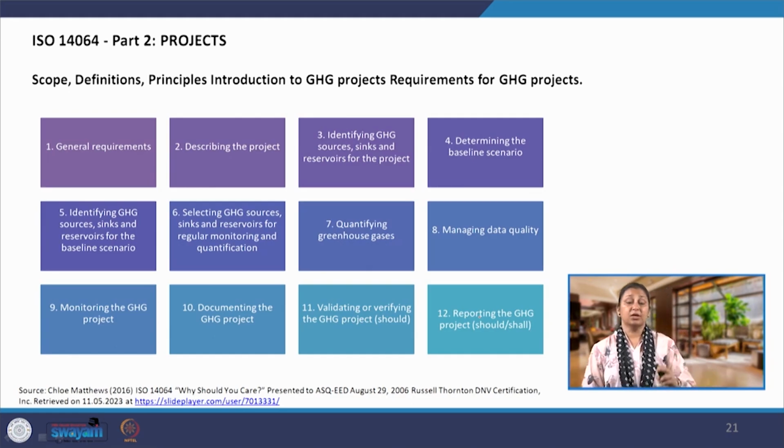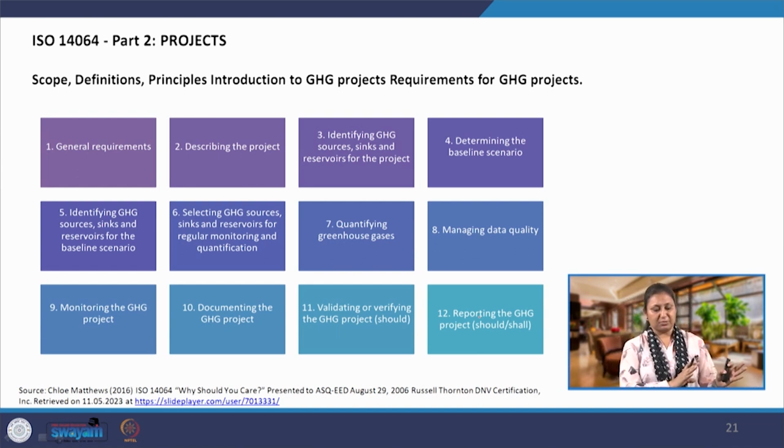In part 2, we are actually talking about the projects. So, inventory, and then we are talking about the projects here. This particular standard, 14064 part 2, deals with what all goes into these projects. So, we start with general requirements and describing the projects. We start with identifying GHG sources, sinks and reservoirs for the project.